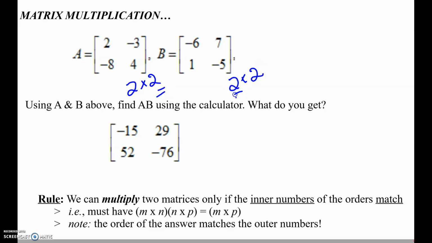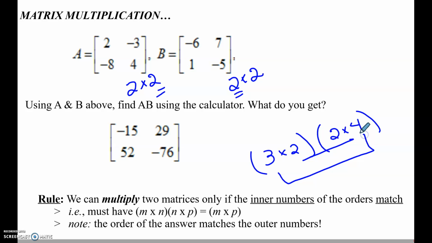This number here has to match this number here in order for me to multiply them. So I could multiply a 3 by 2 matrix times a 2 by 4 matrix. As long as the inner numbers match, we would be able to do the multiplication. I'm going to show you how in just a second. The answer is always going to be the outer numbers for my answer.